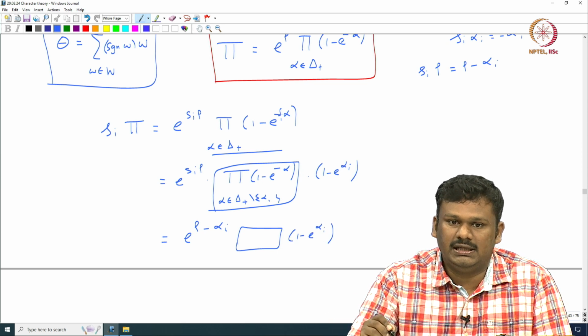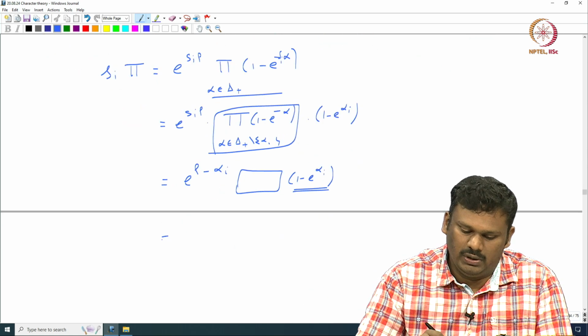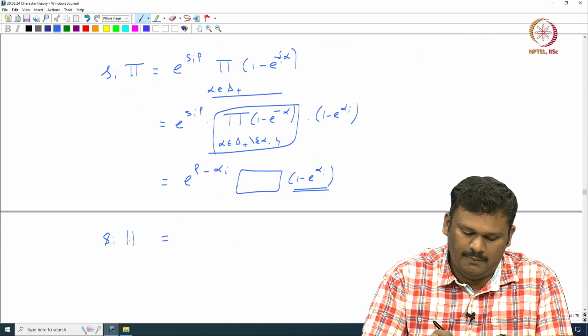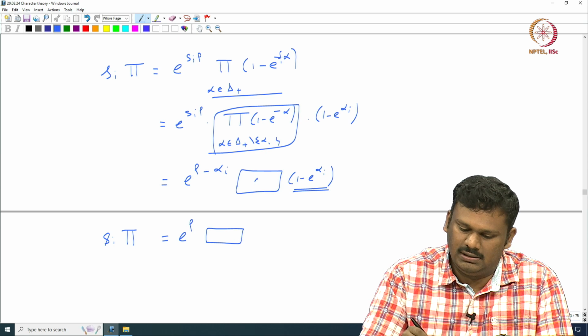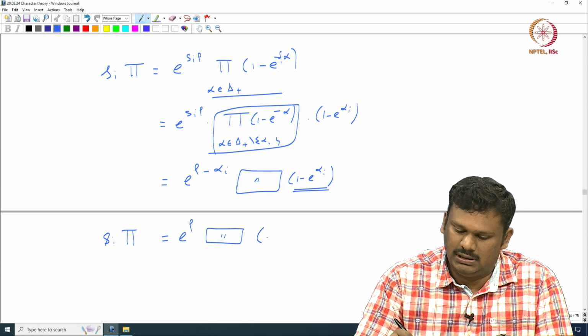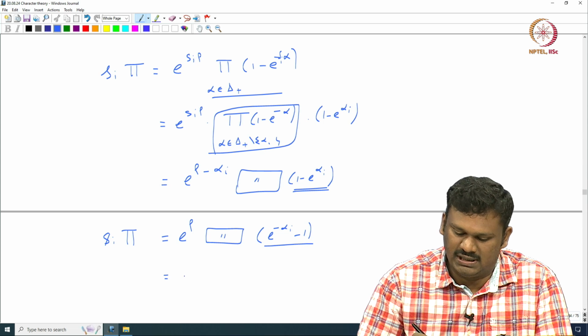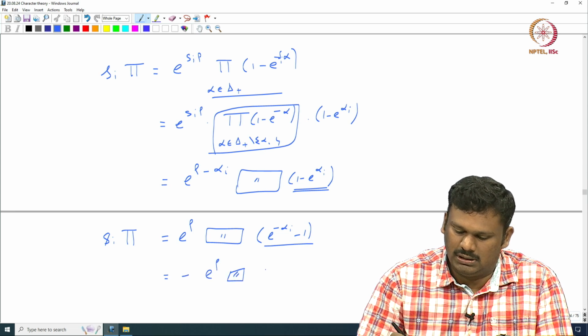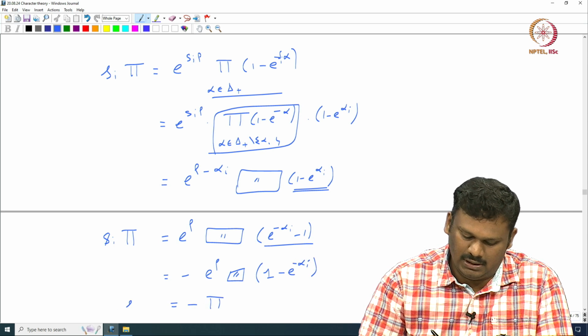Now you take this e power minus alpha i and just multiply with this term, then you get Si of pi equal to e power rho times this box, which comes as it is, and then e power minus alpha i minus 1. If you switch this, you get the sign. So, this is minus e power rho, this box, and then 1 minus e power minus alpha i, which is exactly minus capital pi.